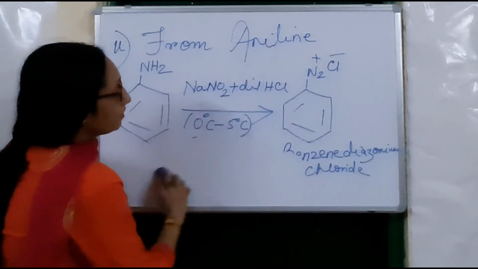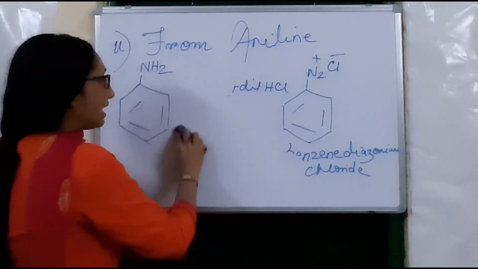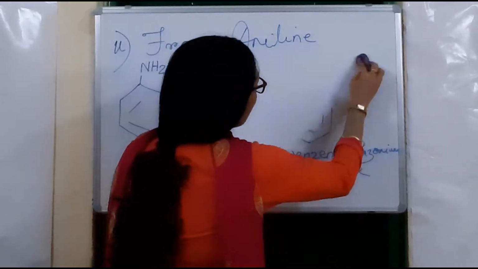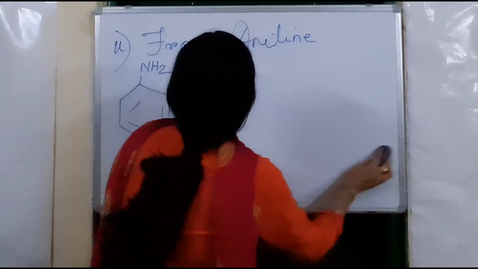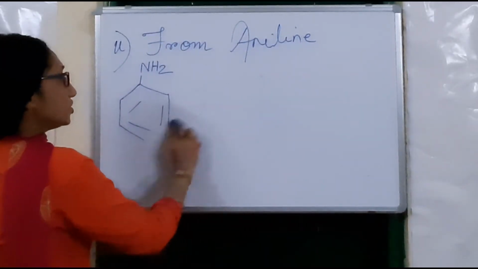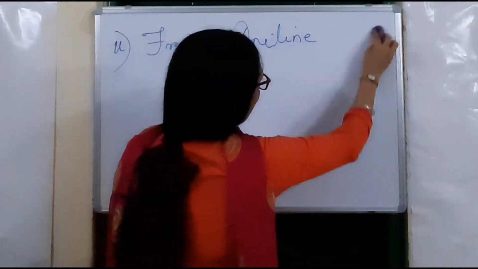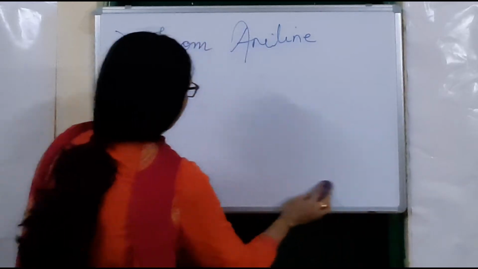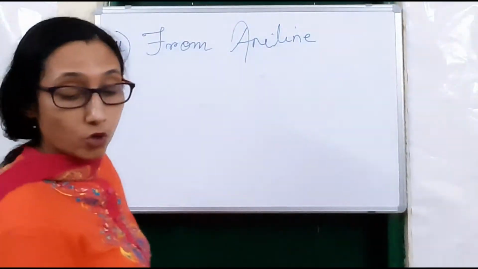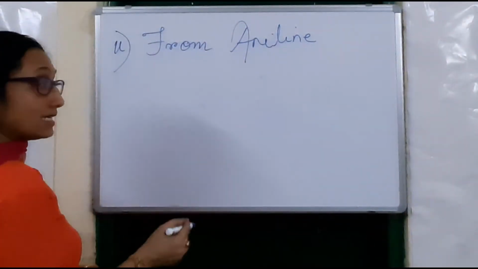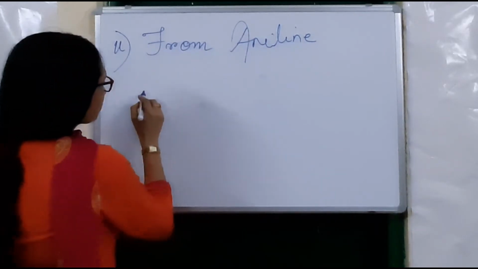So, for the preparation of aryl halides from aniline, first we will convert aniline to benzene diazonium chloride, and from benzene diazonium chloride we will see how we can prepare chlorobenzene, bromobenzene, iodobenzene and fluorobenzene.